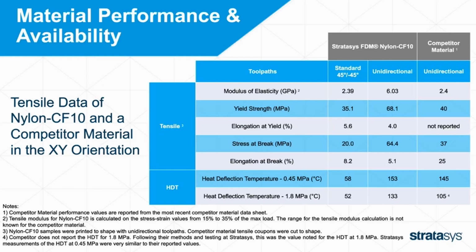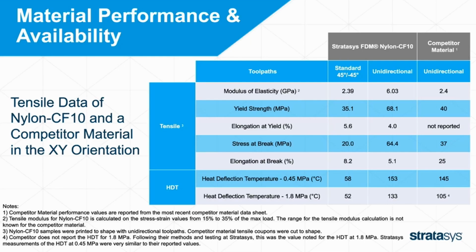For that material, the HDT at 1.8 megapascals was 105 degrees Celsius, which is a 31% decrease from the lower pressure. For nylon CF10, there was only a 13% decrease in the HDT with the higher pressure.